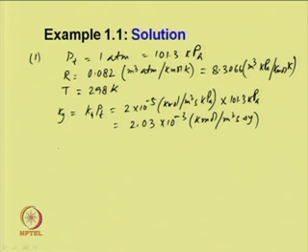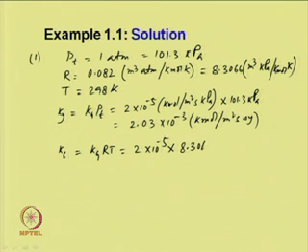Similarly, we can calculate Kc, which is Kg RT. So, Kg is 2 into 10 to the power minus 5, R is equal to 8.3066, and temperature is 298 Kelvin. This is in meter per second, which is equal to 0.0495 meter per second.